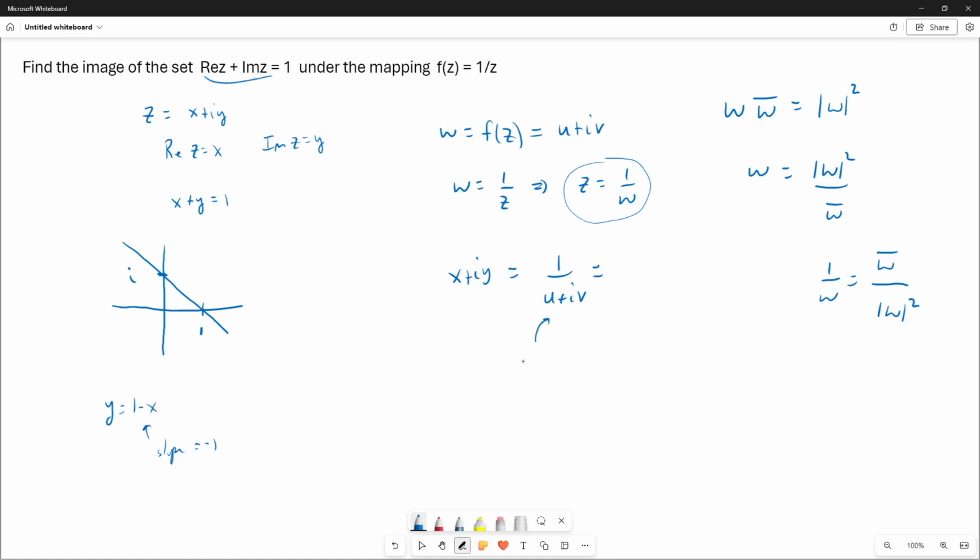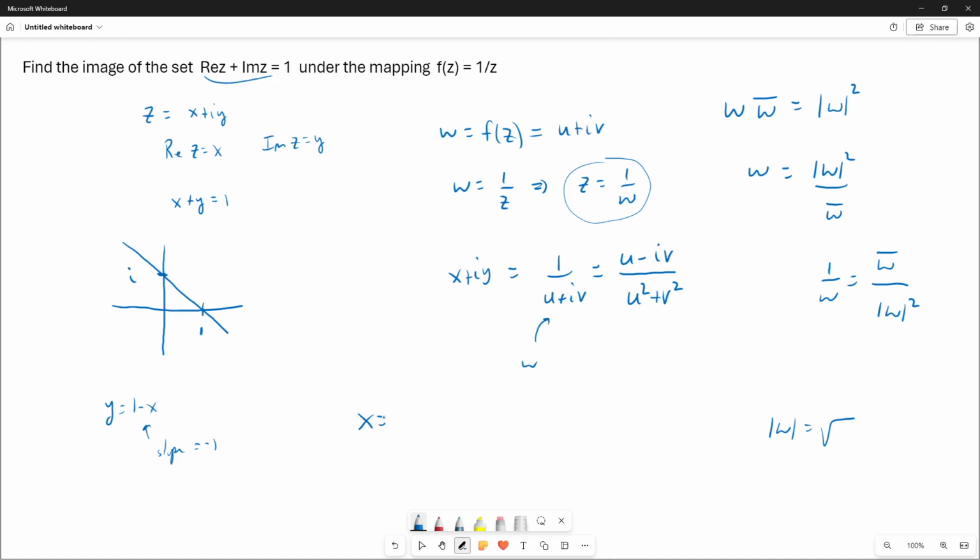So here's our w, it's u plus iv. 1 over w is w bar, u minus iv, divided by modulus of w squared. Now the modulus of w involves a square root, so the square will just cancel that square root. The modulus of w squared will be u squared plus v squared.